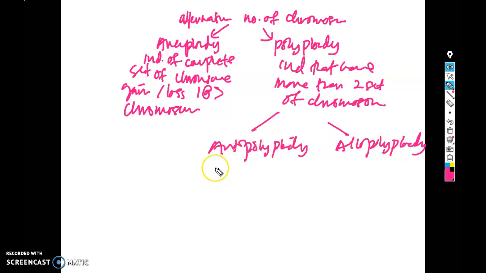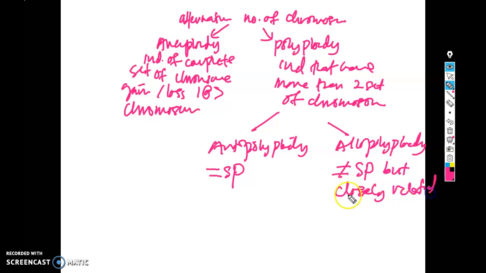Autopolyploidy is when the individuals have more than two sets of chromosomes resulting from mating within the same species, while allopolyploidy results from mating or breeding between different species but closely related.